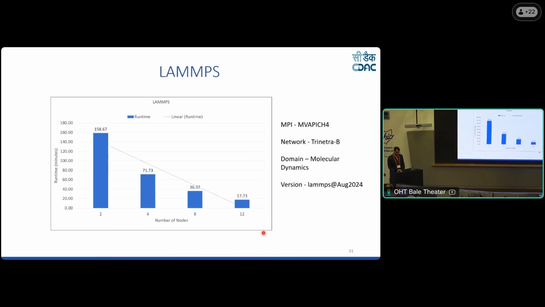This is a LAMMPS application. Again, it is also from the molecular dynamics domain. Here you will see, as we are increasing the number of nodes, the wall time, execution time, is decreasing.